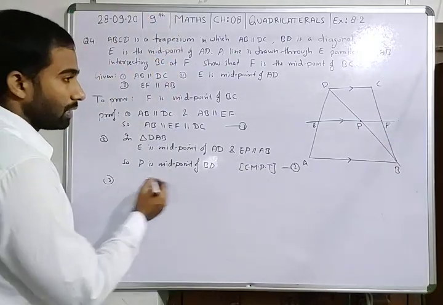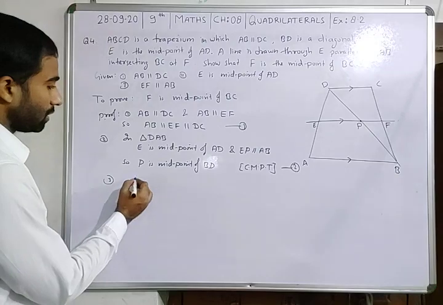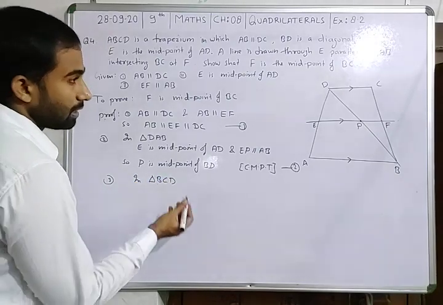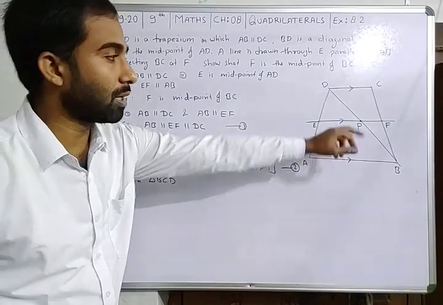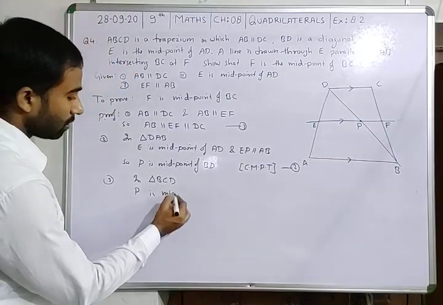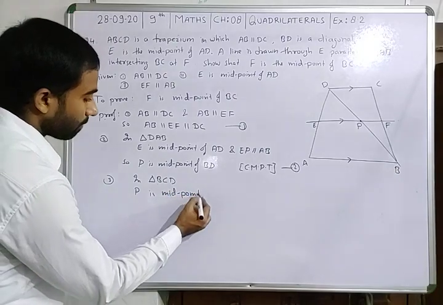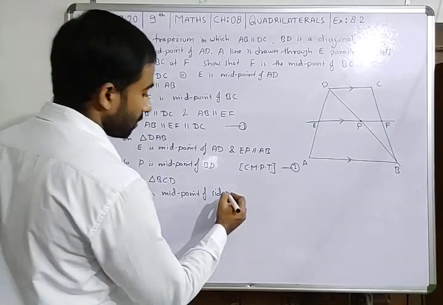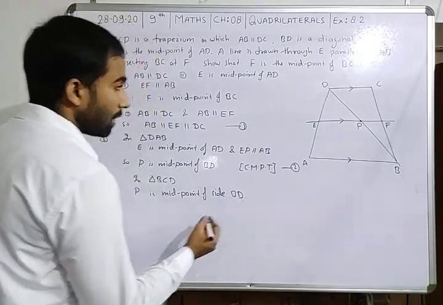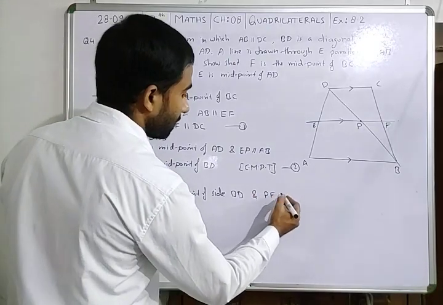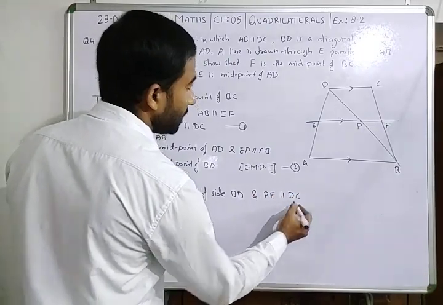Now again we will consider a triangle. In the third point, we can write in triangle BCD, we have just proved P is the midpoint of side BD and PF is parallel to DC.